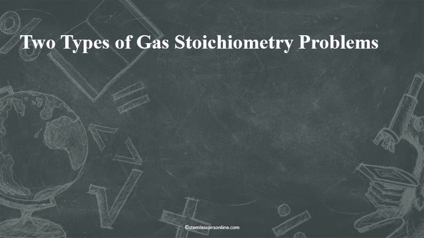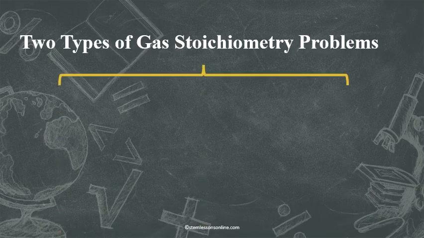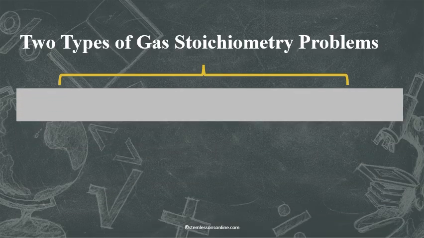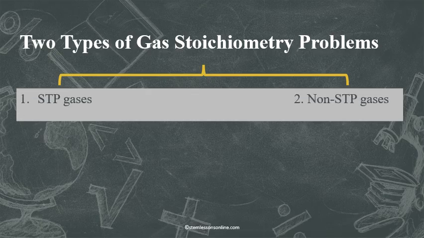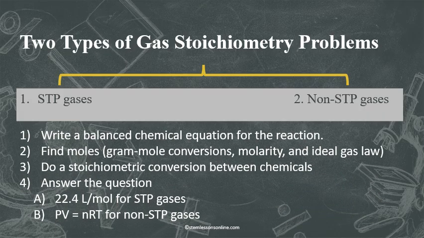So normally there are 2 types of gas stoichiometric problems, one with standard temperature and pressure and two with non-standard temperature and pressure. That means at room temperature and pressure. In both cases, the steps are: 1. Write the balanced chemical equation for the reaction.